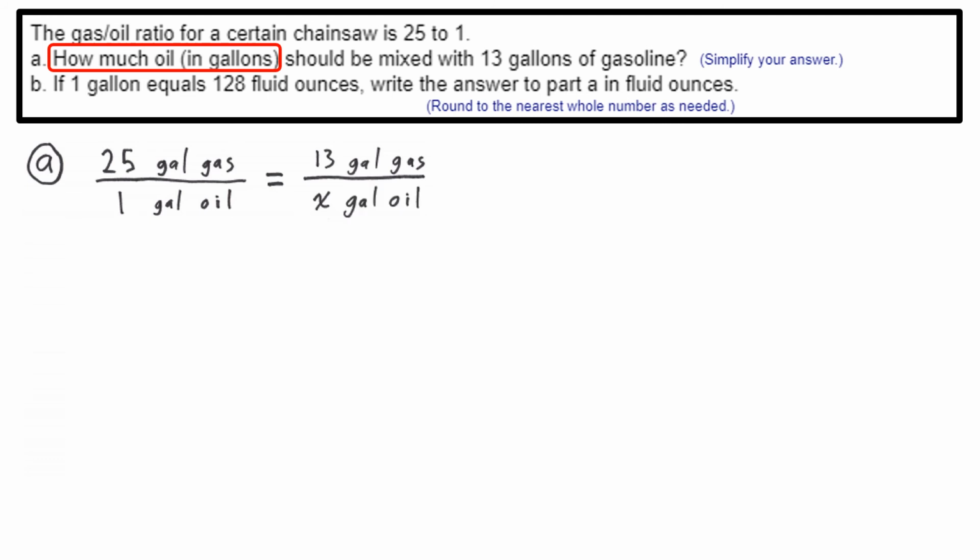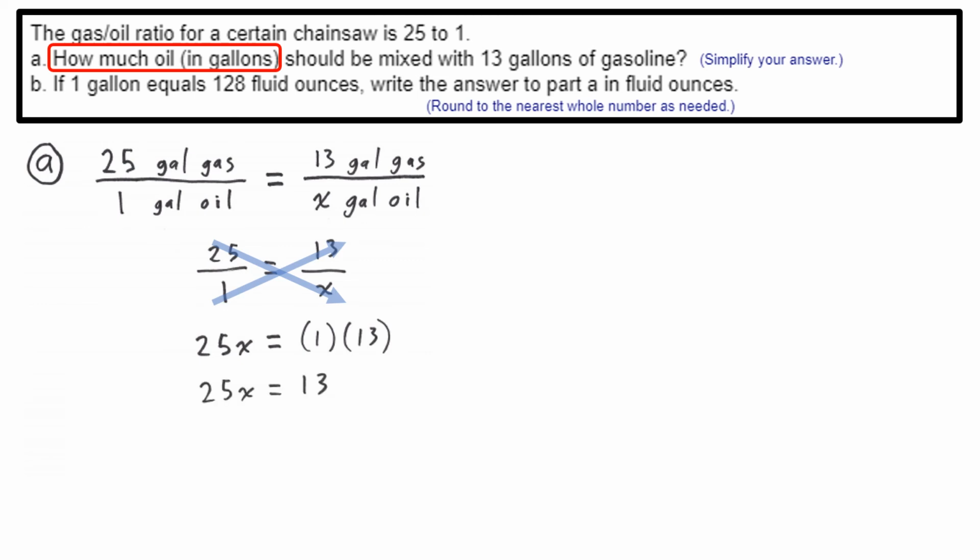Since we've written our proportion and we've carefully checked the units, we can now rewrite the proportion without the units. And we're ready to cross multiply. 25 times X is 25X, and the other diagonal is 1 times 13, which simplifies to 13.